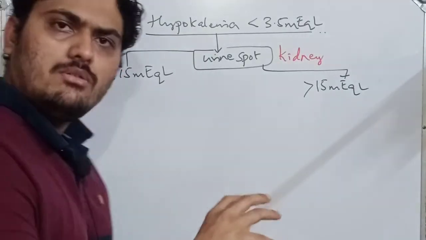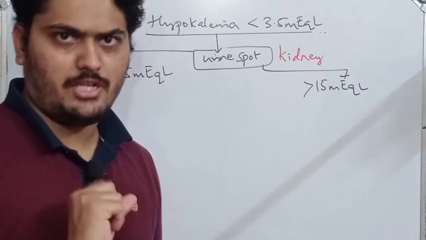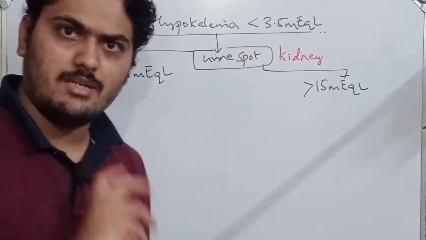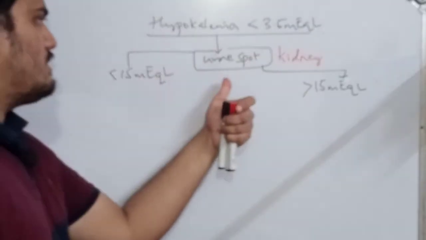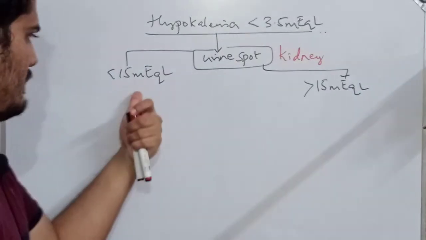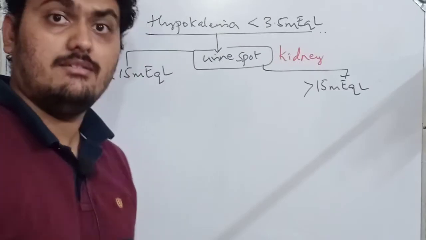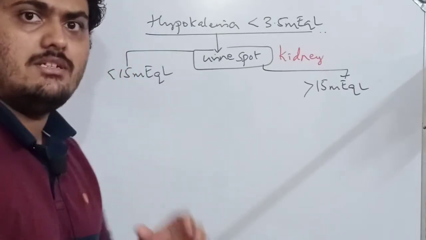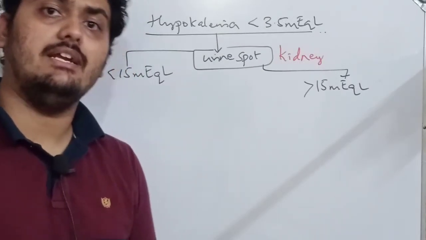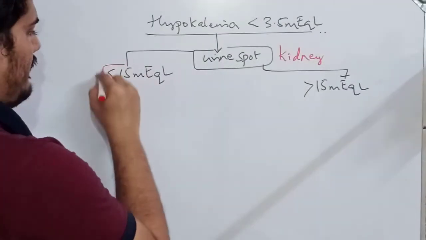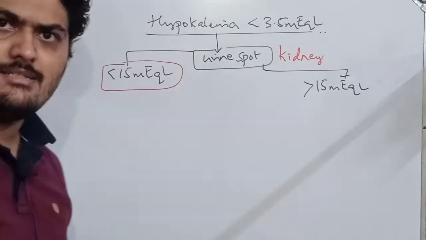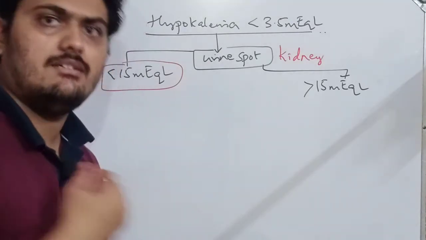So they are able to reabsorb enough potassium, then the urinary potassium levels will be very low or normal. So here, if the urinary spot potassium is less than 15 milliequivalents per liter, we can understand that the tubules of the patient's kidneys are completely intact. So here the pathology lies somewhere other than the kidney.